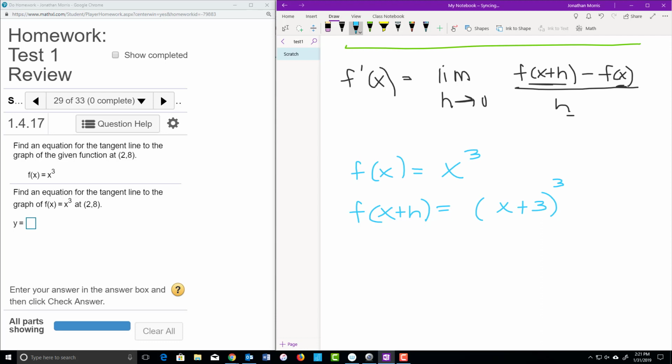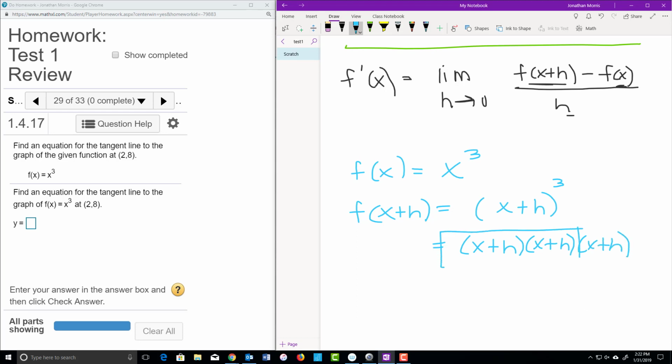But this isn't simplified. I need to multiply this all out. x plus h cubed is, x plus 3. What a dummy. I put a 3 right there. I'm sorry. This is x plus h, not x plus 3. I wrote 3 down there because it was cubed, but this is an h. So x plus h cubed is x plus h times x plus h times x plus h.